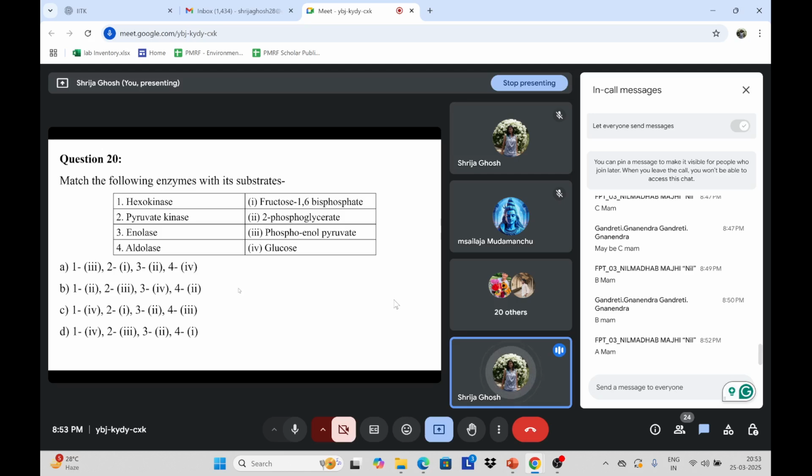So I'll start with the first enzyme, that is hexokinase. That is the first enzyme in the glycolysis pathway also. So that is your hint. Now think about the answer. Match the enzymes with its substrate. Hexokinase is the first enzyme in the glycolysis pathway. So what would be the substrate for hexokinase?